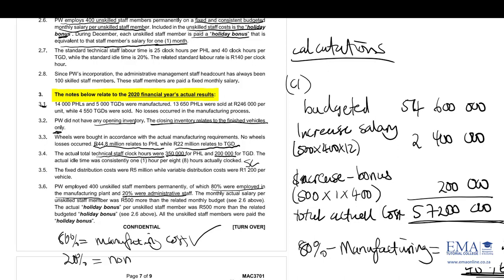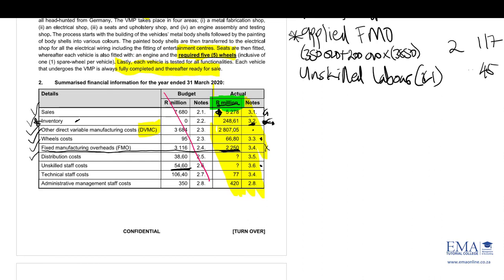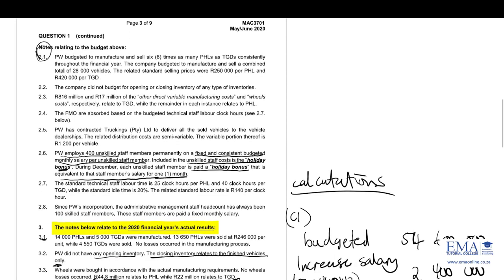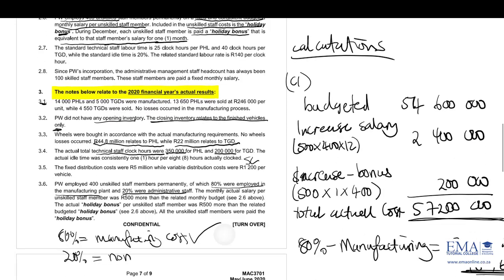But the amount that we have for the manufacturing is the budgeted. Now they're telling you that there were changes to the budgeted, because the budgeted was given here as 5460, which is a total cost including the bonus. But there were changes to this 5460. The changes were like this. They said the monthly actual salary paid per unskilled staff member was 500 more, right?